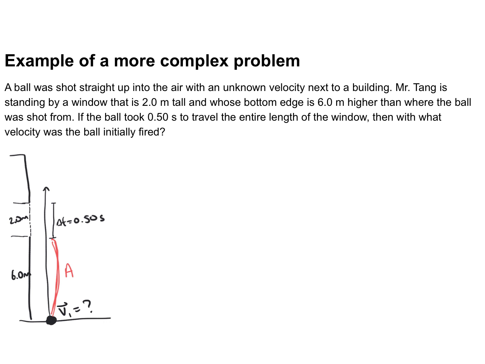And then the window part, the next 2 meters, I'm going to call that part B. And I'm going to organize my information here under 2 headings, A and B. That actually is a really important skill to be able to do in physics, is organize the information. All these numbers, what is going on, your mind's all mixed up, so we got to get some organization done.